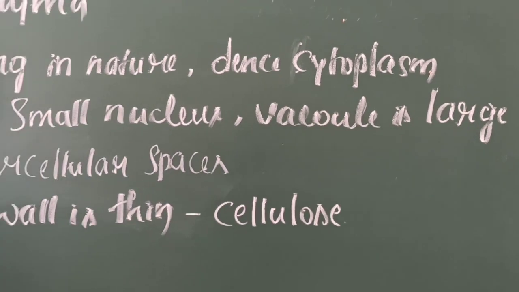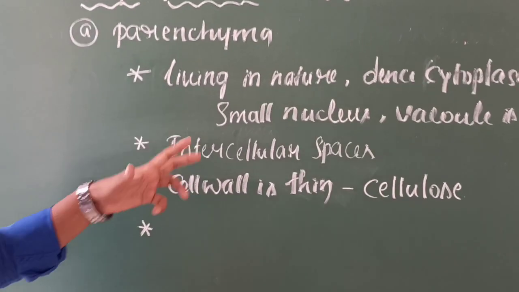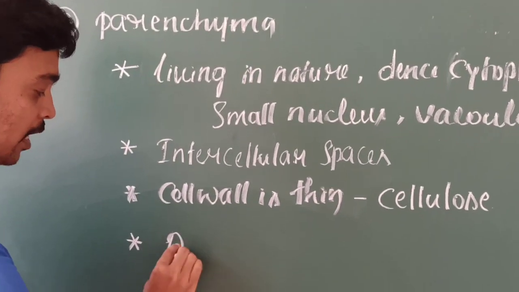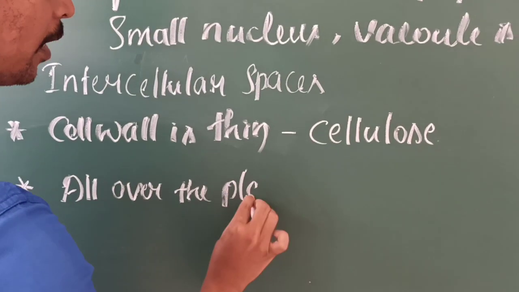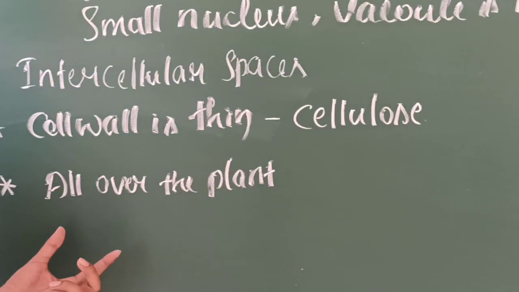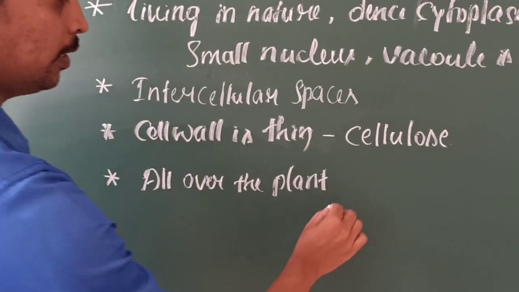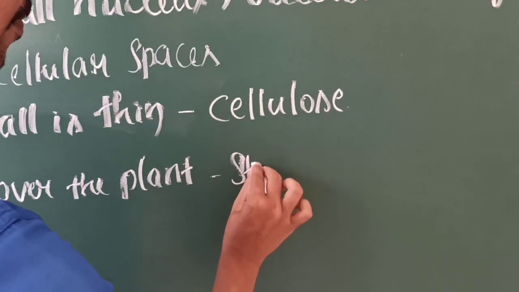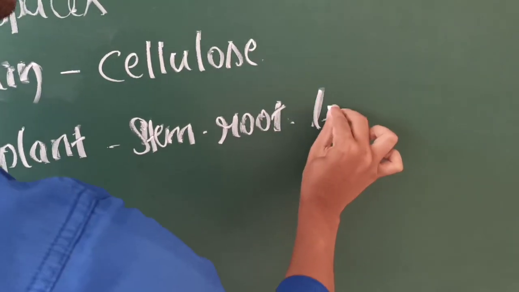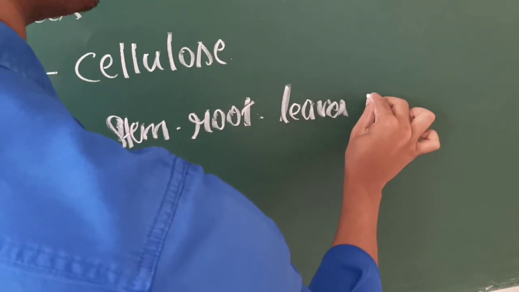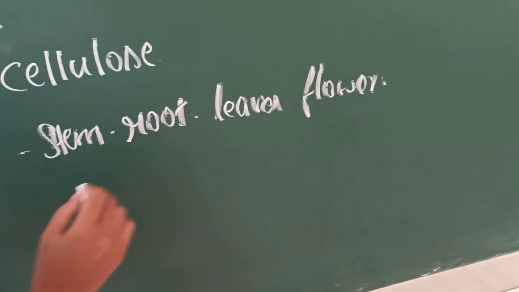And then this parenchyma tissue is present all over the plant body. Almost all the parts of the plant consist of parenchyma, especially stem, root, leaves, flower and fruit.